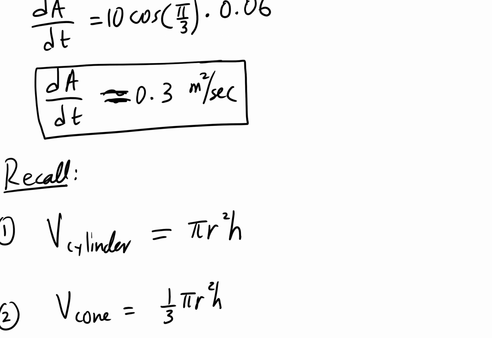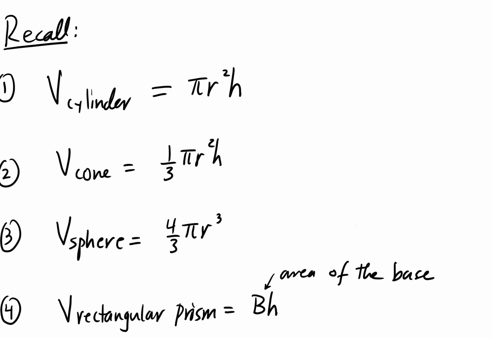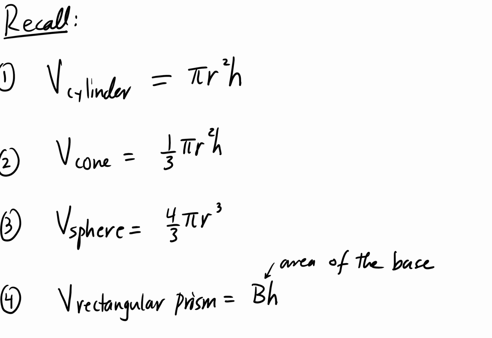Now we recall the formulas for the volumes of different figures. The volume of the cylinder is pi r squared times the height. For the cone it is 1/3 pi r squared times the height. For the sphere it is 4/3 pi r cubed. For a rectangular prism it is the area of the base times the height.